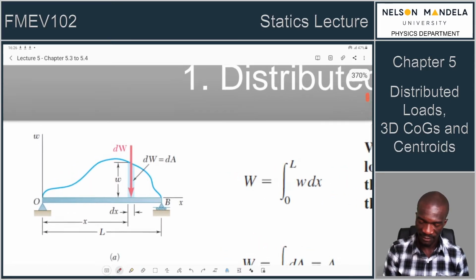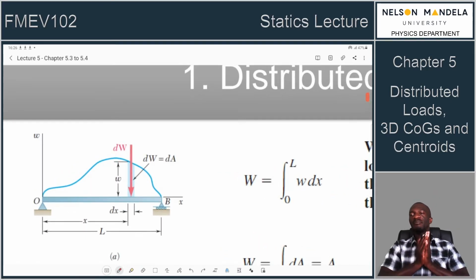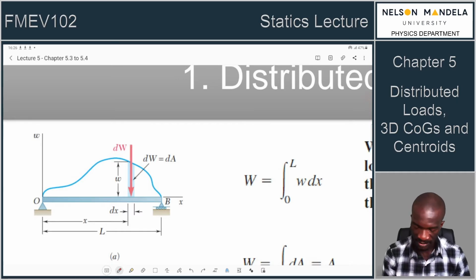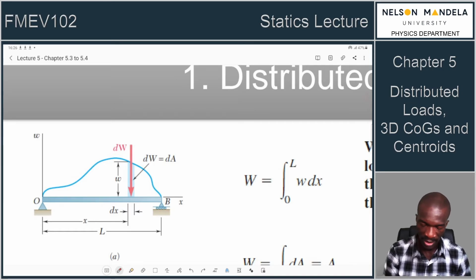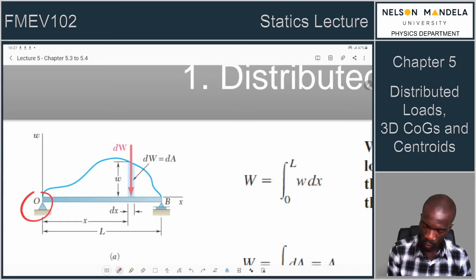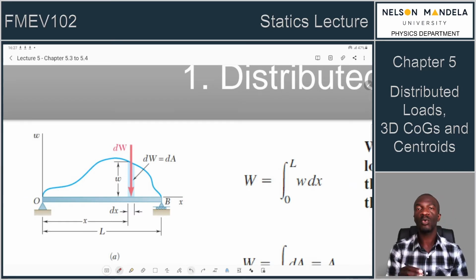In figure 5.17, we have part A, which describes a load distribution. The load distribution is shown on this axis, where we have some x-axis and some origin. So we have some supports of the beams.